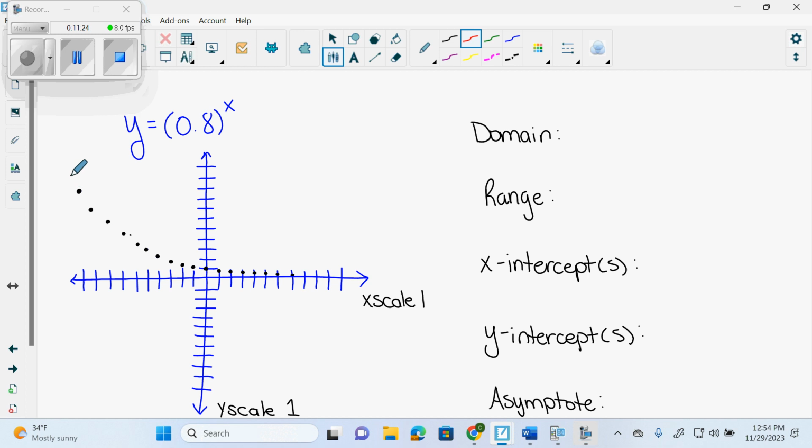So we are connecting all of the dots, and then it's running closer and closer to the x-axis, but it is not touching it. And then you should have, every single one of you, a horizontal asymptote along the x-axis. So make sure you have a dashed line on the x-axis, or you don't actually have a correct graph.